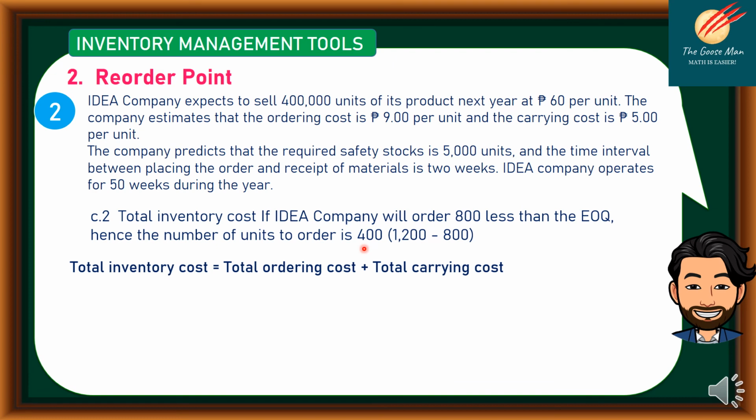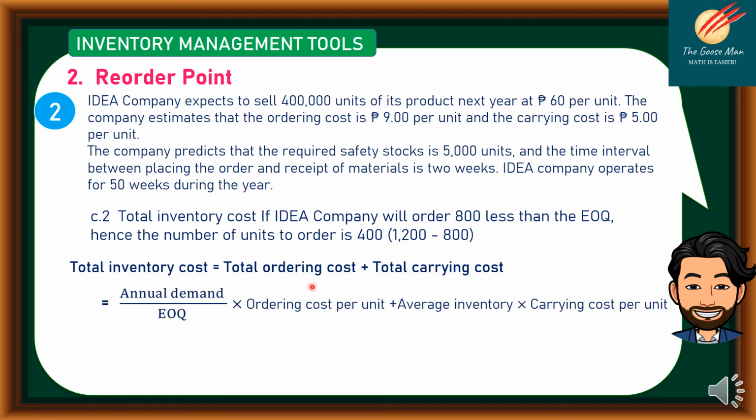Again, applying the formula, total inventory cost is the same as total ordering cost plus total carrying cost. Recall that the total ordering cost is equal to annual demand divided by order quantity times ordering cost, while the total carrying cost is the same as average inventory times carrying cost per unit.